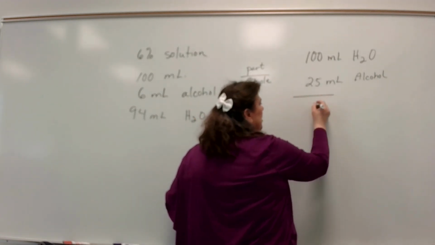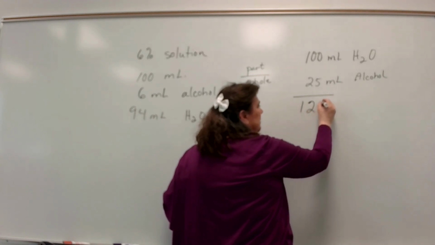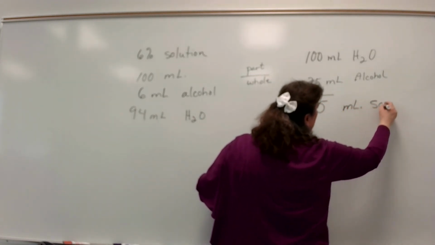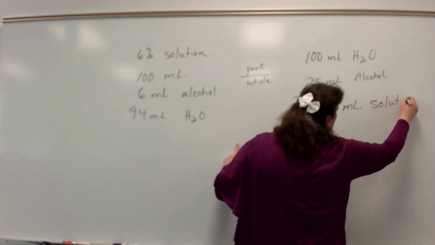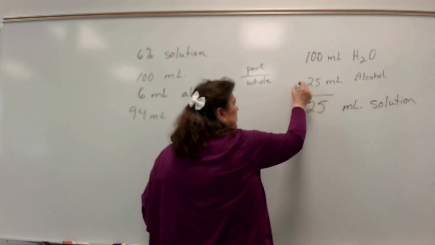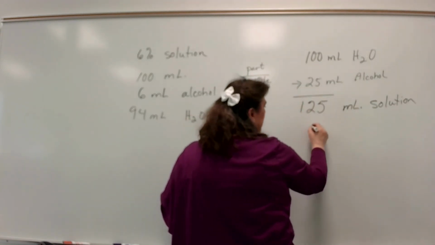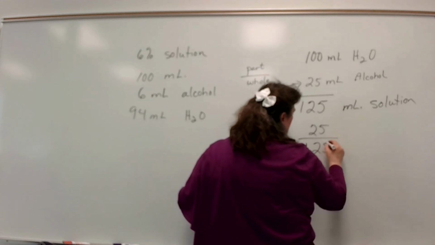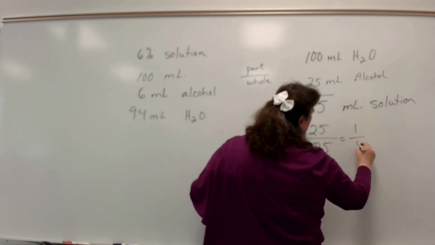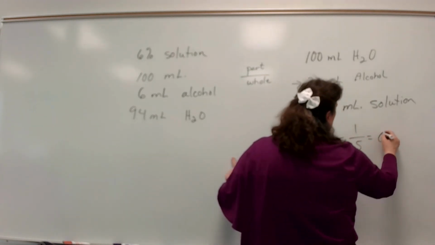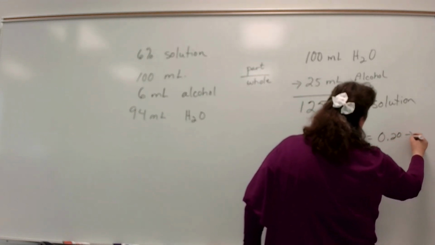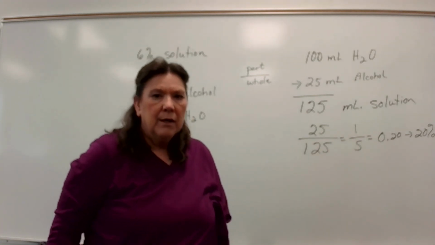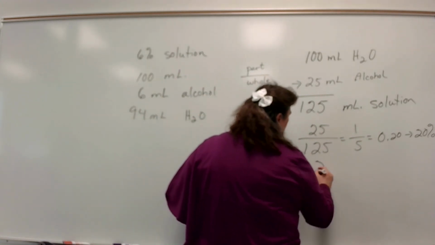So your total amount of the solution is 125 milliliters. Therefore, my concentration would be 25 over 125, which is 1 out of 5, which is 0.20, or a 20% concentration.